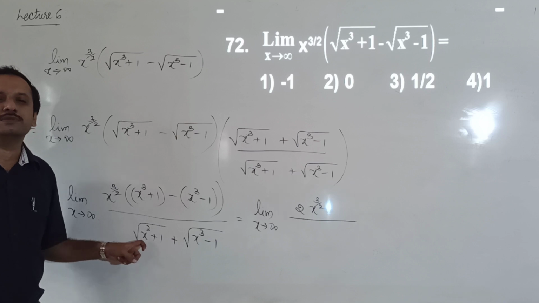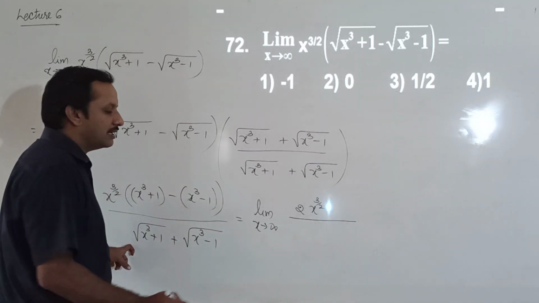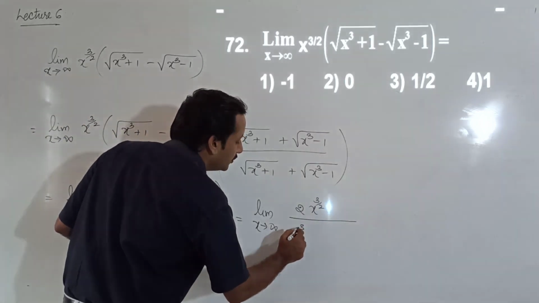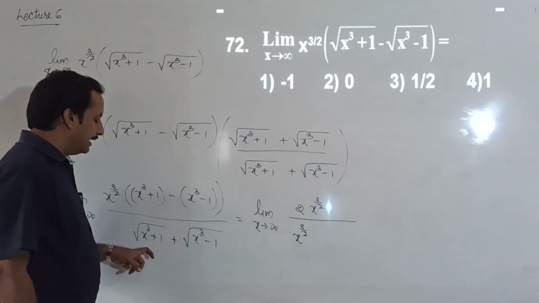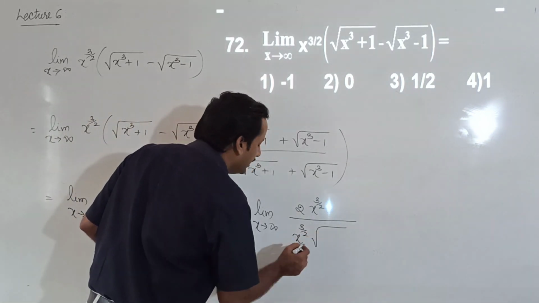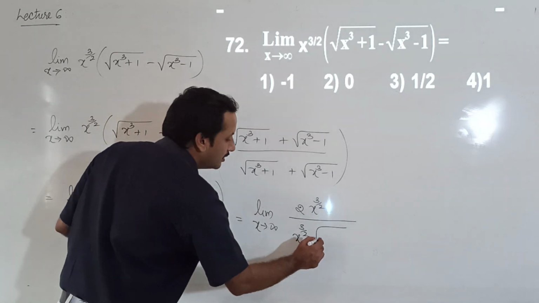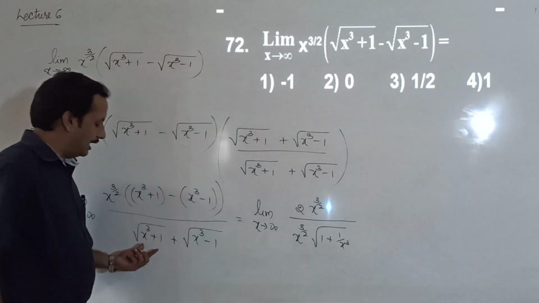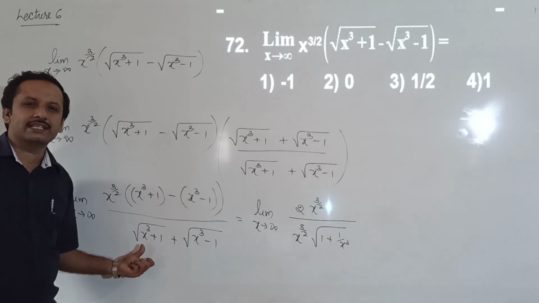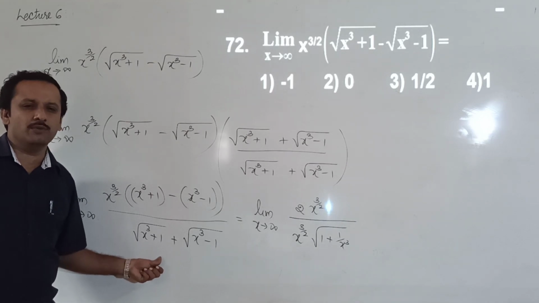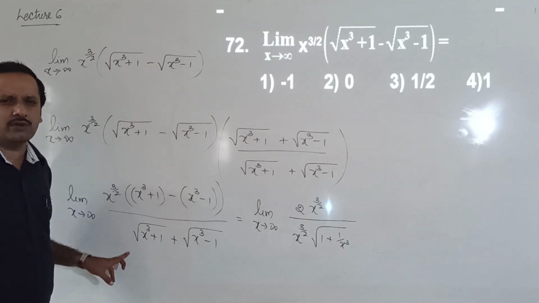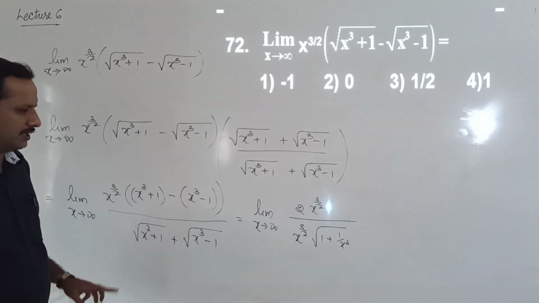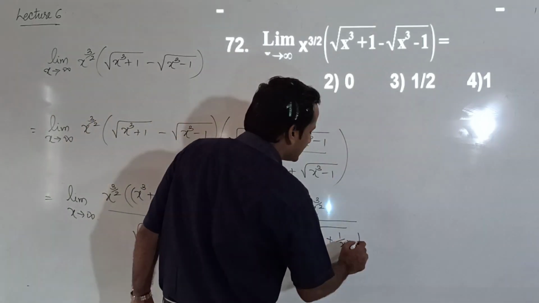When x cube comes outside the root, it will become x to the power 3 by 2, into root of, here I have taken x cube as common, so we are left with 1 plus 1 by x cube. Then this x cube I have taken out. When it goes out, it will become x power 3 by 2 plus.